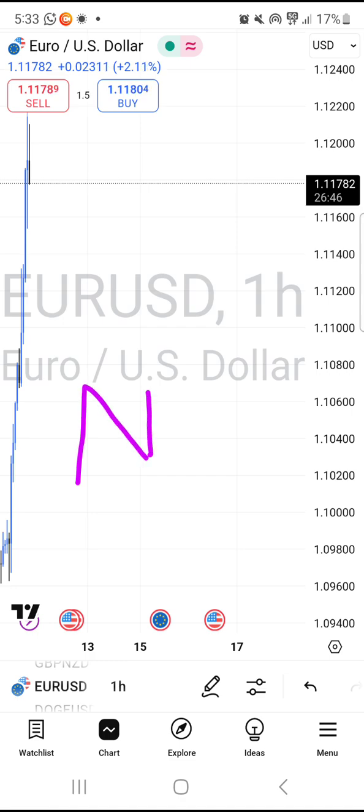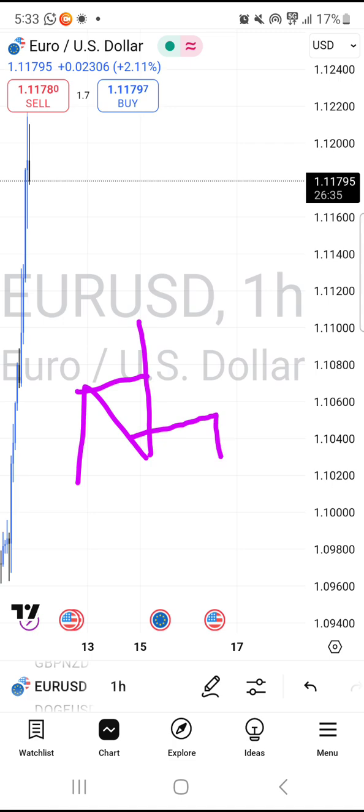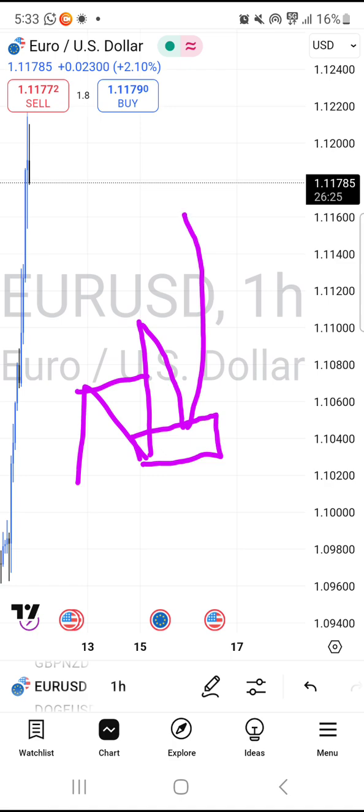When the market breaks a high like this, traders mark out the last candle there that caused that break to the upside, then wait for the market to come back and tap into that zone, and the market to move up again.